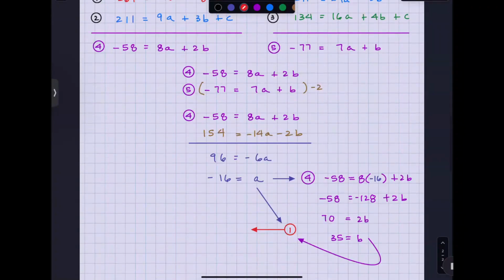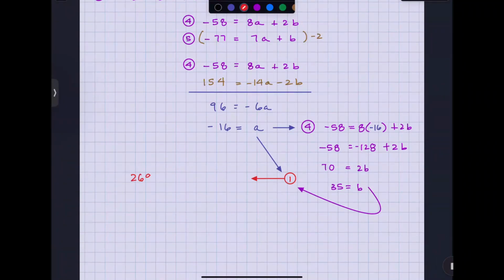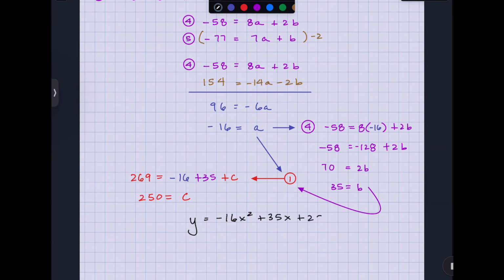So I got 269 is equal to A plus 35 plus C. So C should come out to be, I think, 250. So then I have my equation. Y is equal to negative 16x squared plus 35x plus 250.